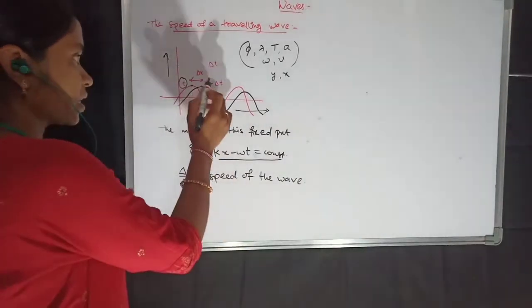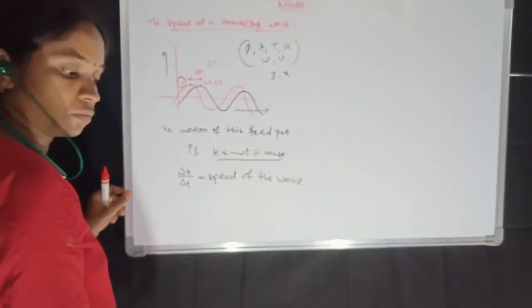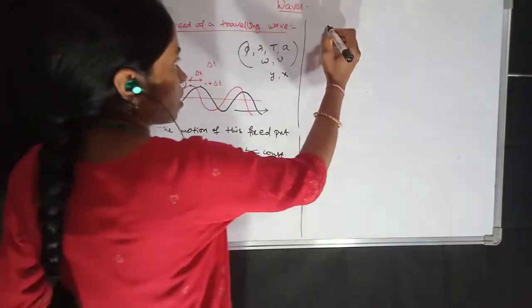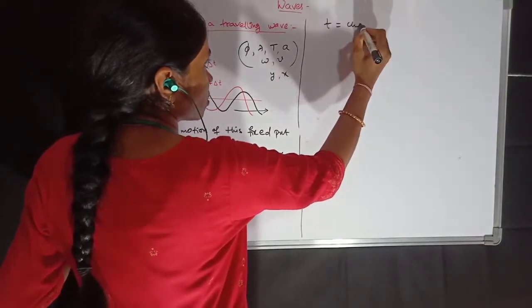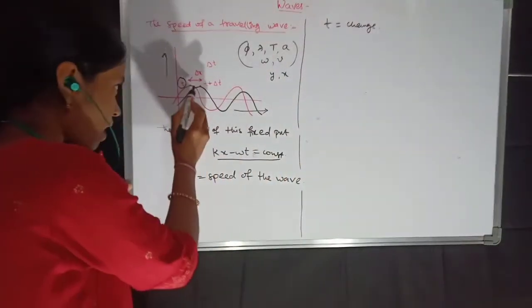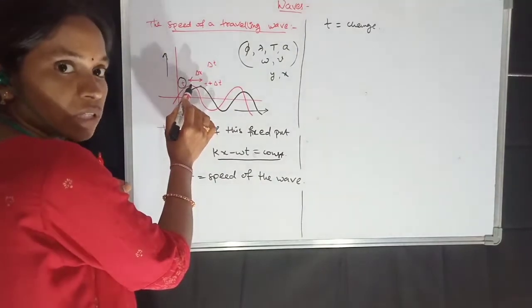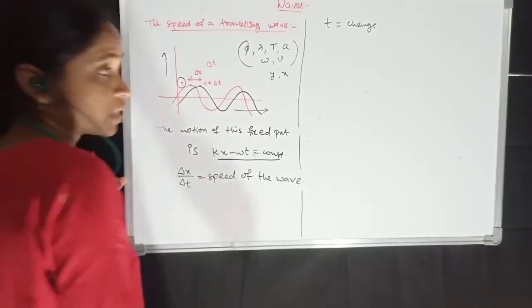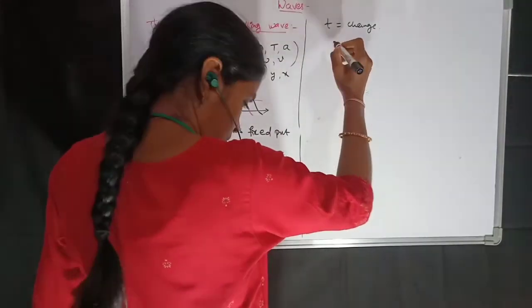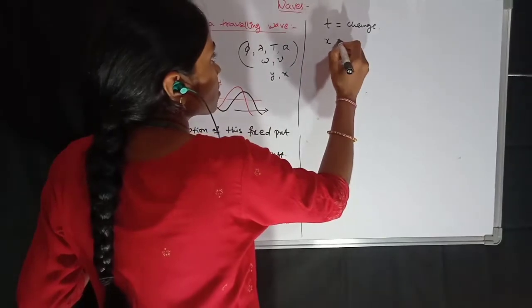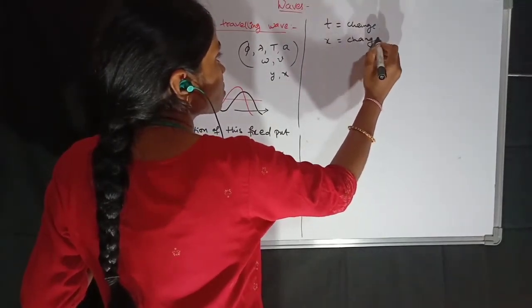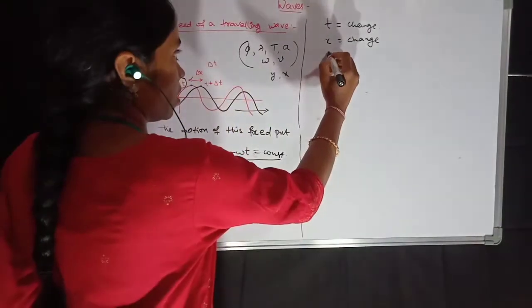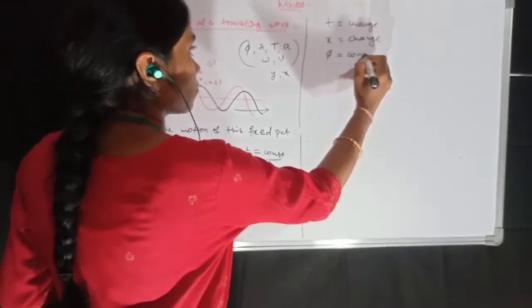As the time changes, the position of this dot also changes, that is, x also changes, and the phase remains constant.